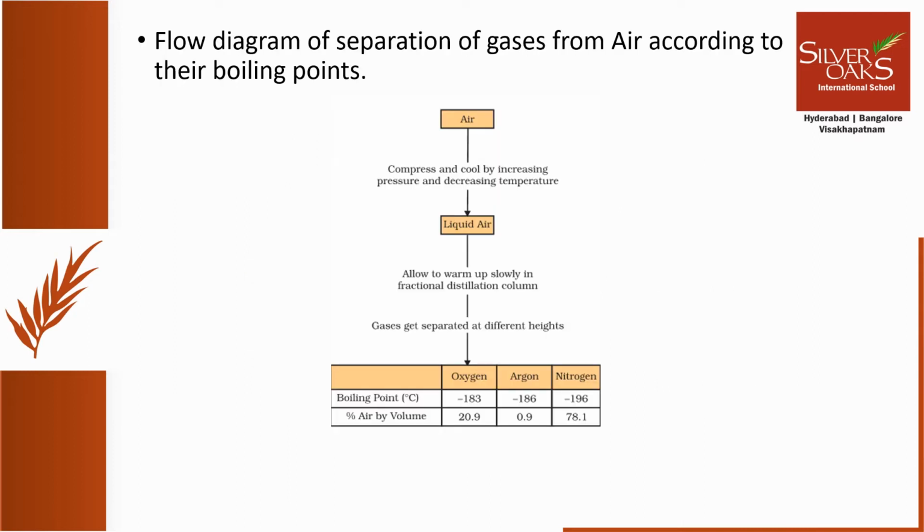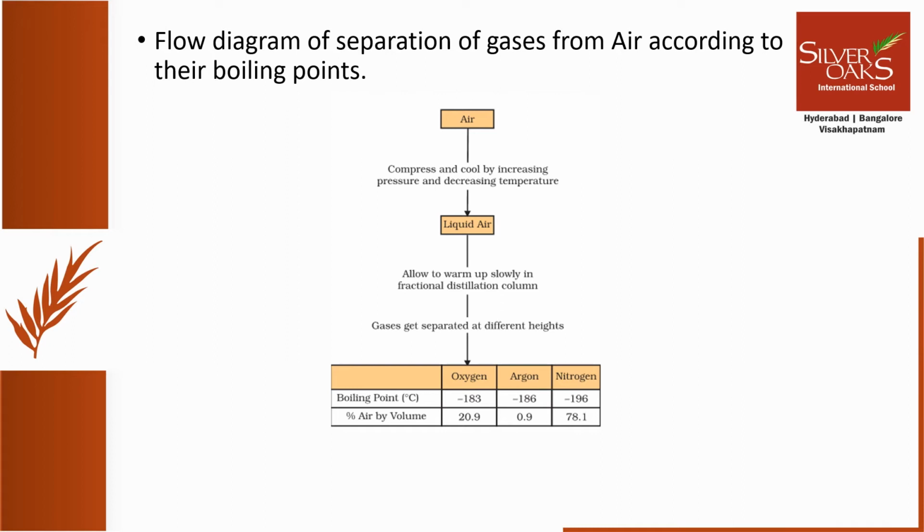In this flow diagram of the separation of gases from air according to their boiling points, we can see the steps involved in separating the various gases. First, number 1, compress and cool by increasing pressure and decreasing temperature. Liquefaction, then allow it to warm up slowly in the fractional distillation column.